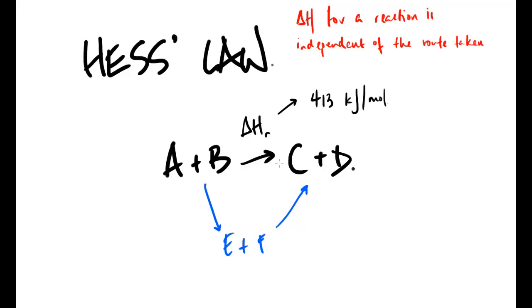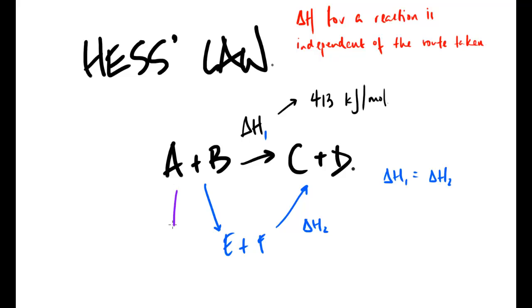And in doing that, I've changed this now to enthalpy change 1, and this can be enthalpy change 2. Enthalpy change 1 is going to be equal to enthalpy change 2, and I could keep going.